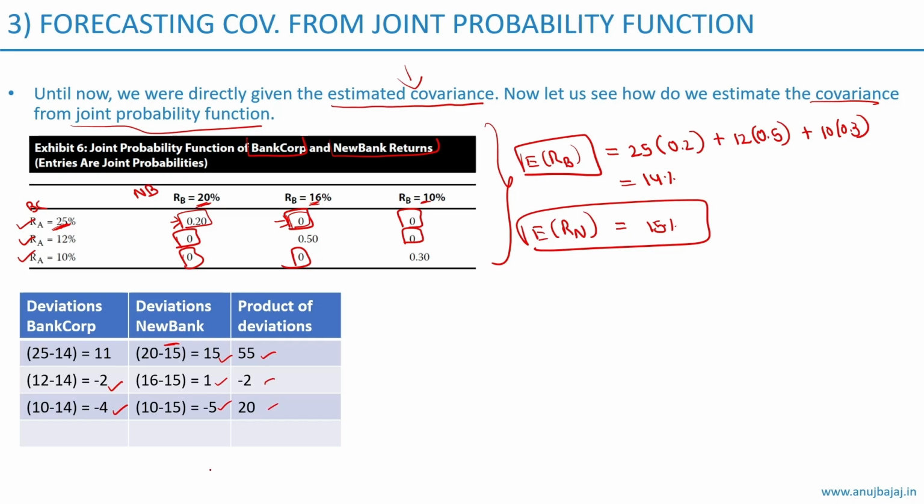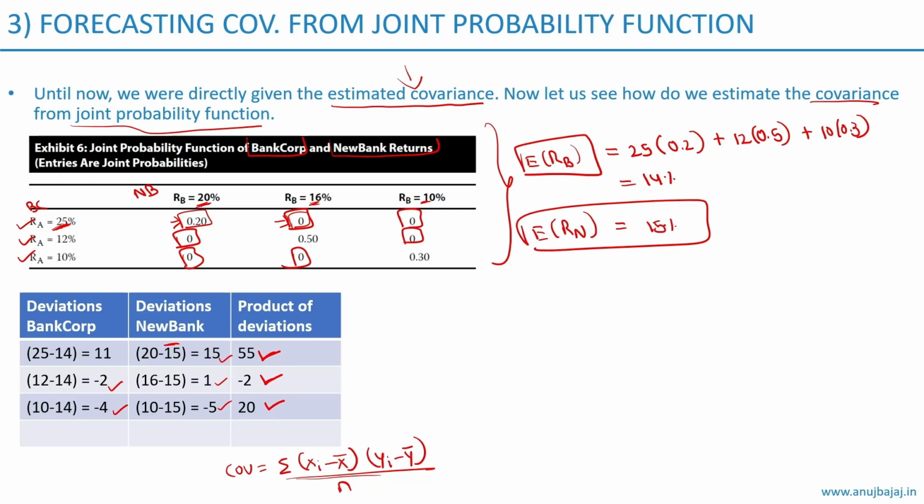If you remember the formula of covariance, covariance equals the sum of the product of all the deviations, that is xi minus the x bar multiplied by yi minus the y bar, divided by n. So when we divide the sum by the number of observations, we implicitly assume that there is equal probability of each deviation occurring.